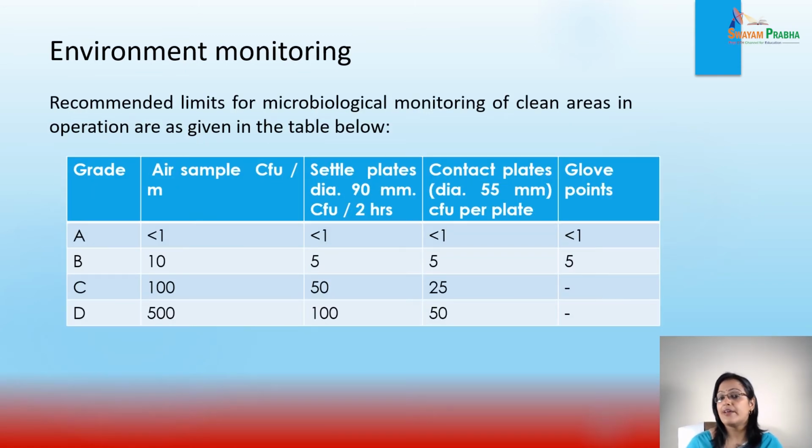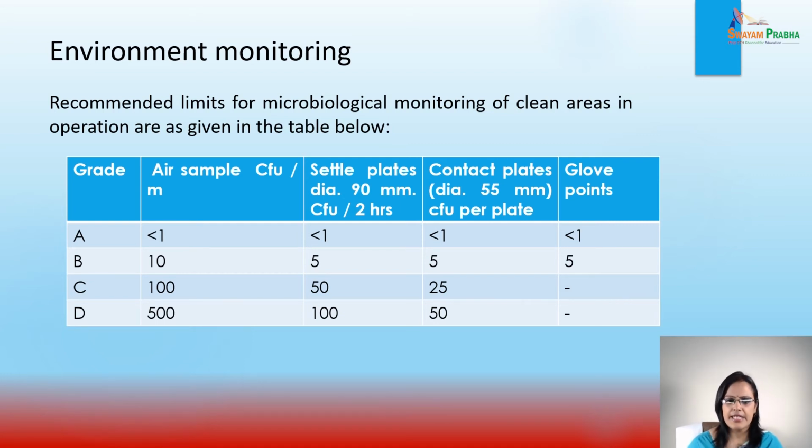Now there shall be a written environment monitoring program and microbiological results shall be recorded. So recommended limits for microbiological monitoring of clean areas in operation are given in this table. Look at this table.